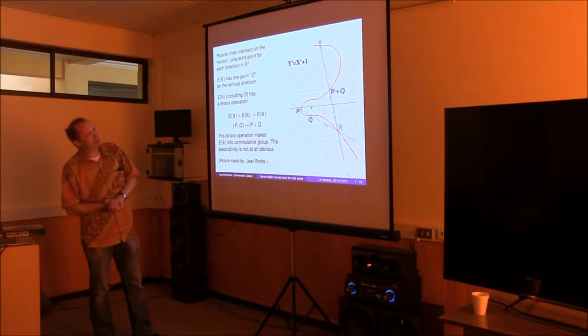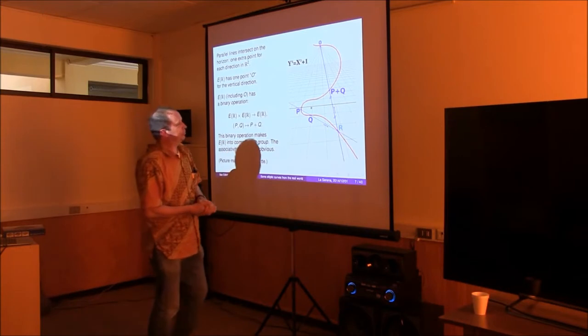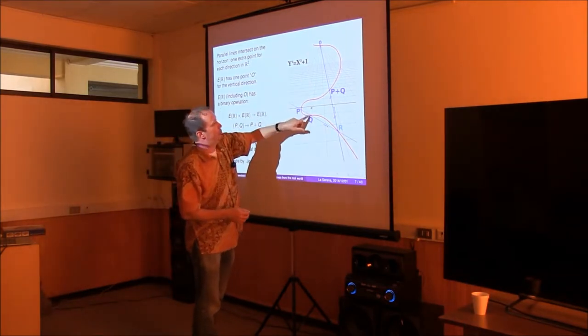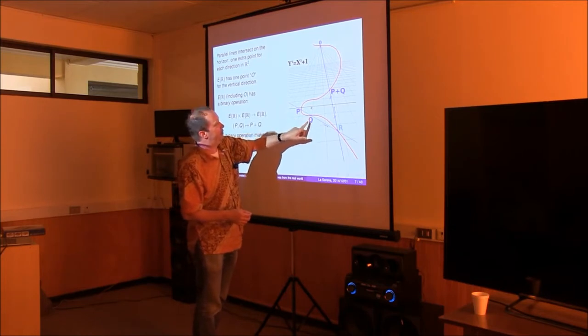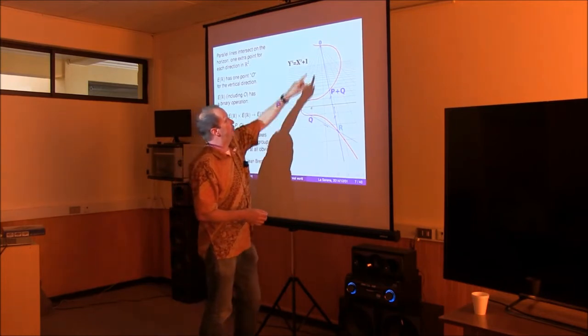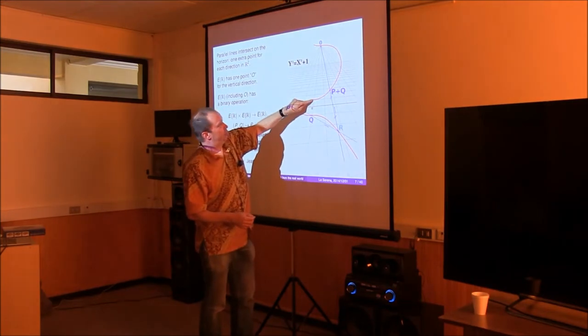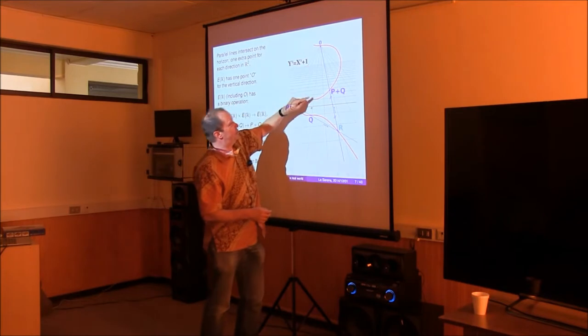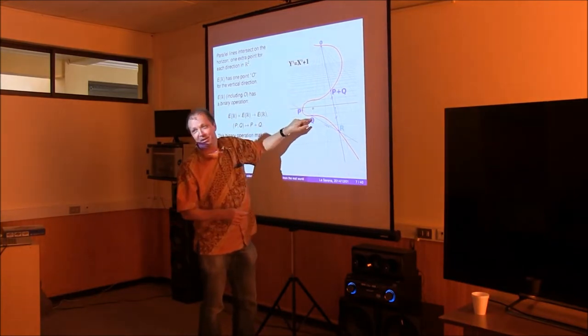Is that easy to see? I think it is quite easy, because if I take, for example, 0 plus Q, then I have to draw the line from Q to 0, and this will intersect it more or less here. But then the recipe says, you should take the line from this to that point and go, then you're back.